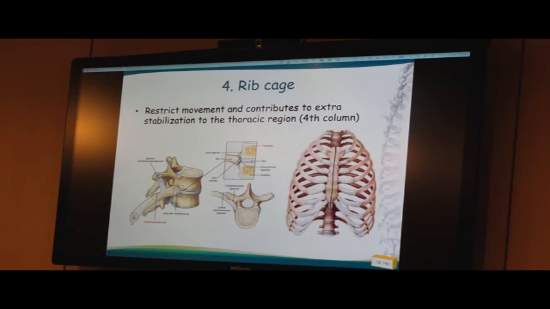And rib cage. Rib cage restricts movements and contributes to the extra stabilization of the thoracic region. Some says that if you divide spinal column as Denis model, 3-column model, you can say 4th column in the thoracic area. That's why that area is much resistant to some trauma.